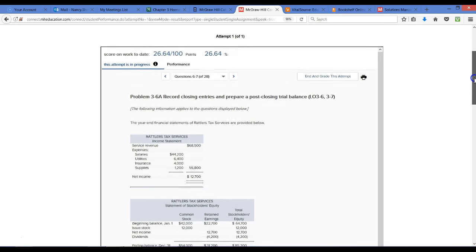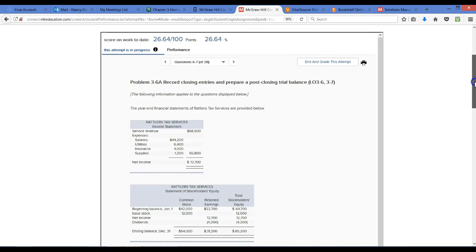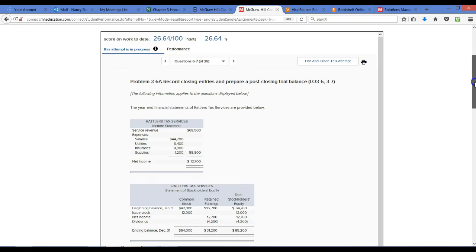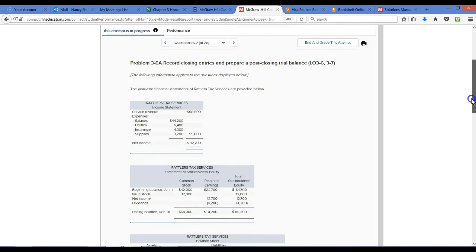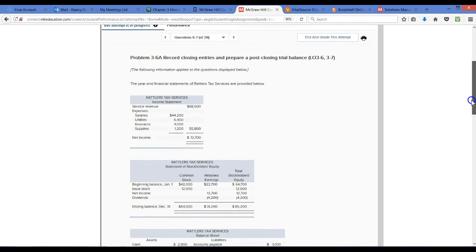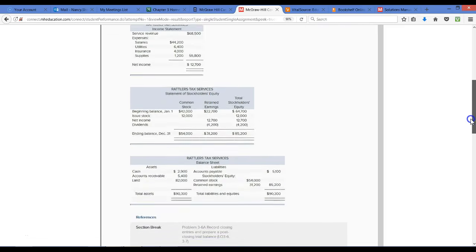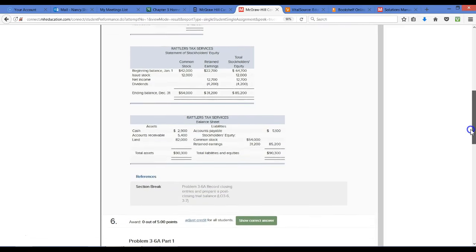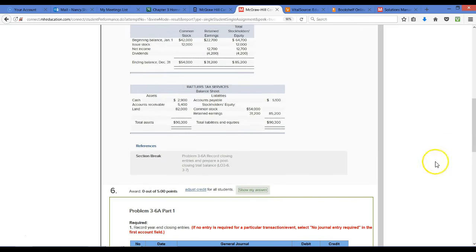So basically what we're going to do here is look at this post-closing trial balance, and we've got some information. The year-end financial statements are below: income statement, balance sheet, stockholders' equity, and they want us to record the closing balances.